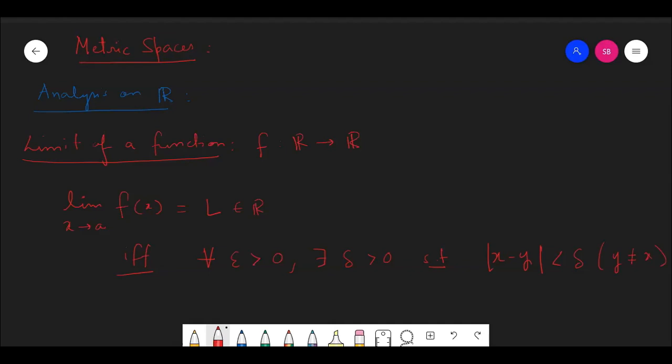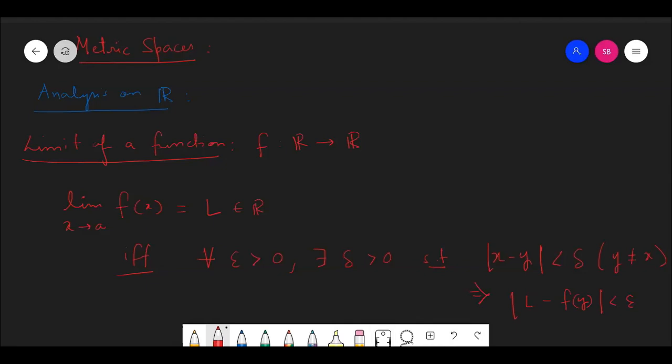implies |L minus f(y)| is less than epsilon. Not f(x) here, sorry, just a bit of a mistake. Okay. So this is very similar to the definition of limit of a sequence.